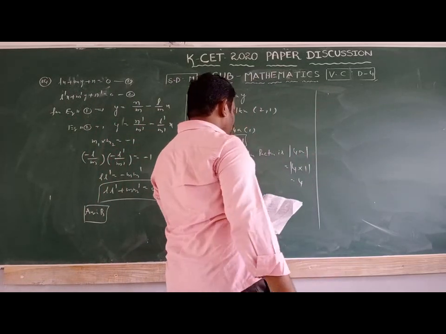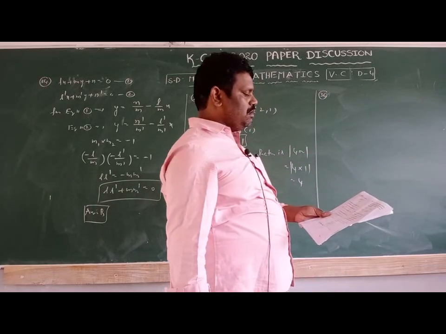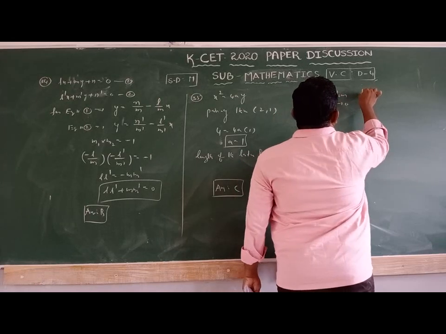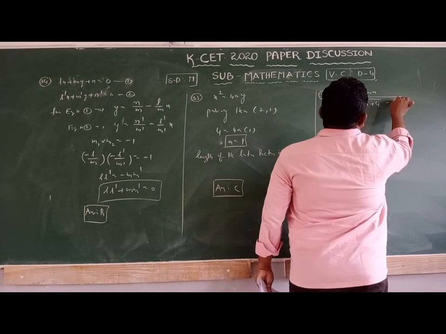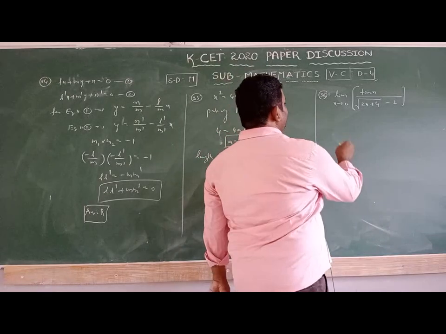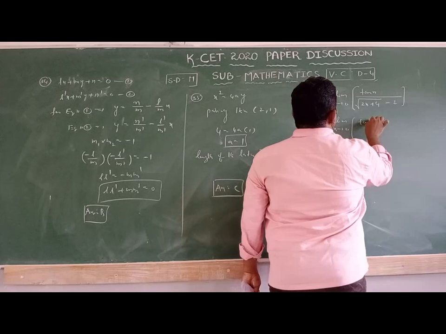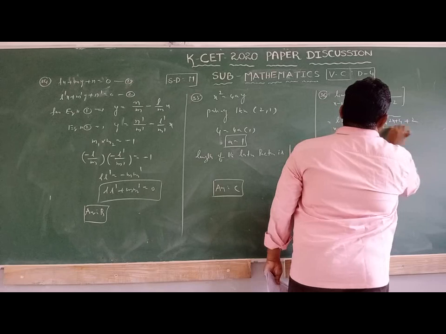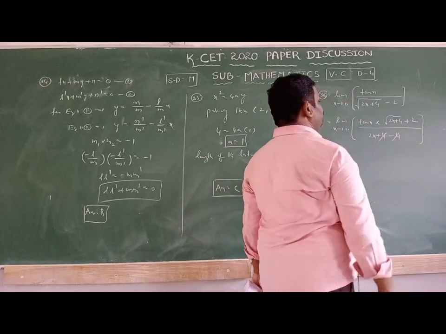Next, question 36, a limit question is given. There are different types of methods here: if you want to solve this, rationalization or L'Hospital's rule, any method. The limit as x tends to 0 of tan x by square root of 2x plus 4 minus 2. If we apply rationalization first, the limit as x tends to 0 of tan x into root of 2x plus 4 plus 2, divided by 2x plus 4 minus 4; the 4s cancel.